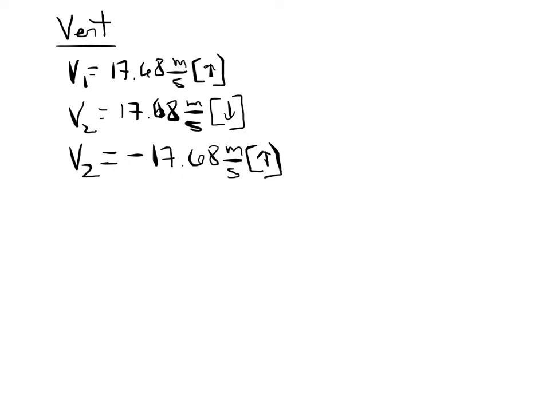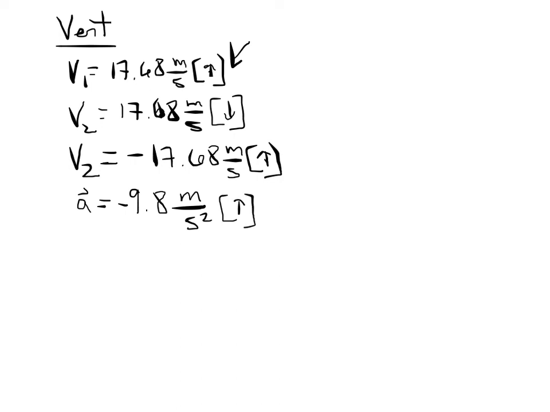Always when we work in the vertical, acceleration is equal to 9.8 meters per second squared down. You could just as easily work in the negative, it's probably a little bit harder, but it's still possible. Because acceleration is down and we've chosen up to be positive, acceleration is going to be equal to negative 9.8 meters per second squared up.